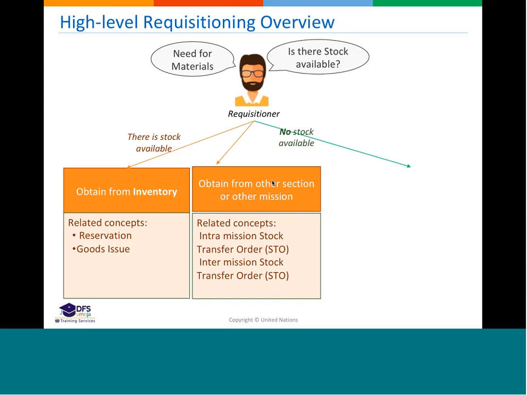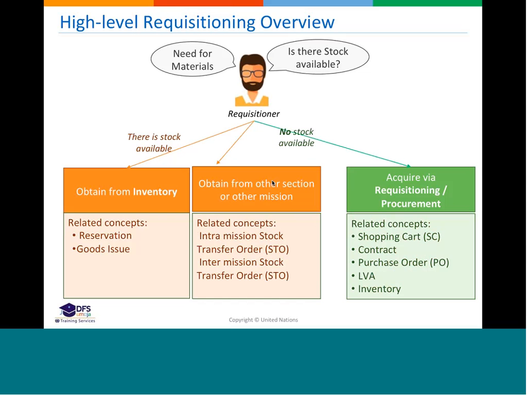In the case that there is no material available in stock, then you will have to acquire it from the vendor, acquire it externally to the UN. The way to acquire formally in Umoja is via shopping cart and a PO.